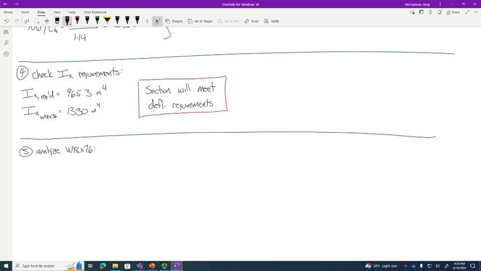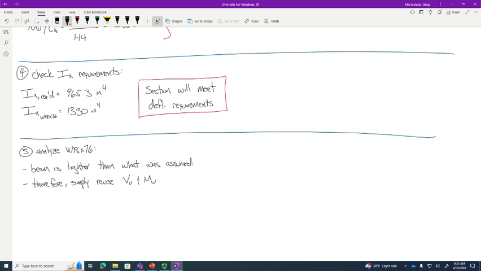So I'm going to say the following: the beam is lighter than our initial assumption, therefore just reuse them.